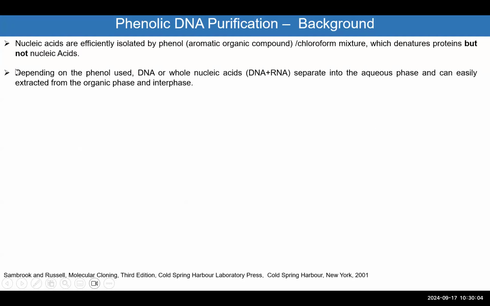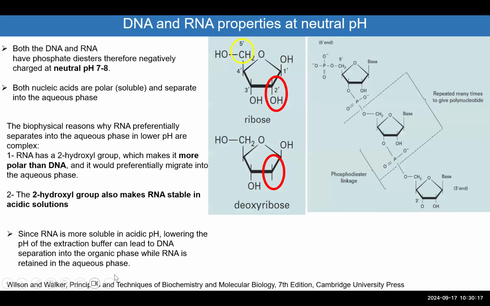Now, depending on the phenol we use, we can decide if we extract all DNA and RNA together or only RNA. And as I said here, it's the pH that dictates whether DNA and RNA are isolated together or not.